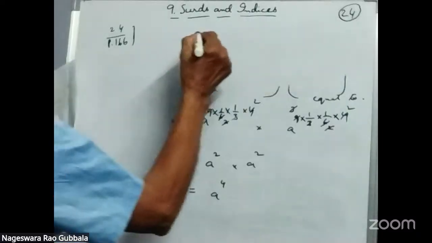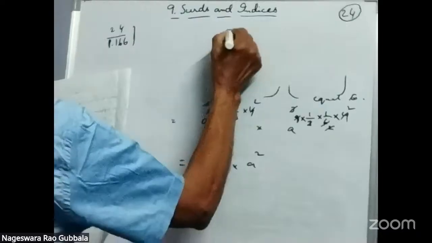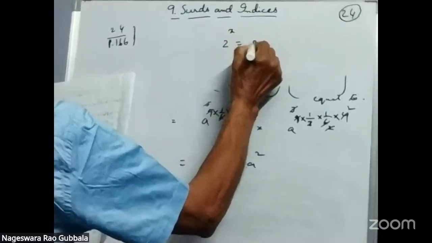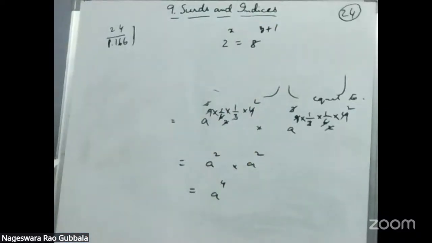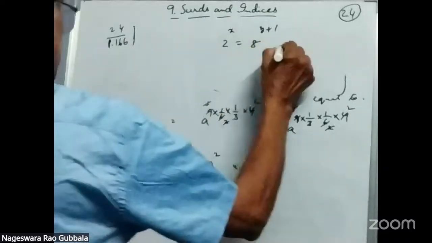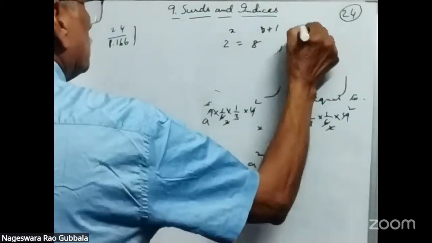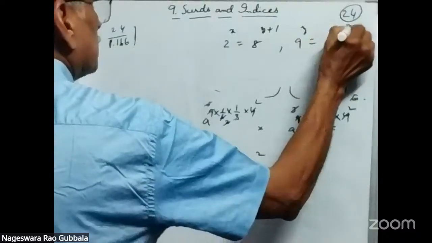Given 2 to the power of x is equal to 8 to the power of y plus 1. One equation. And the other equation is 9 to the power of y is equal to 3 to the power of x minus 9.